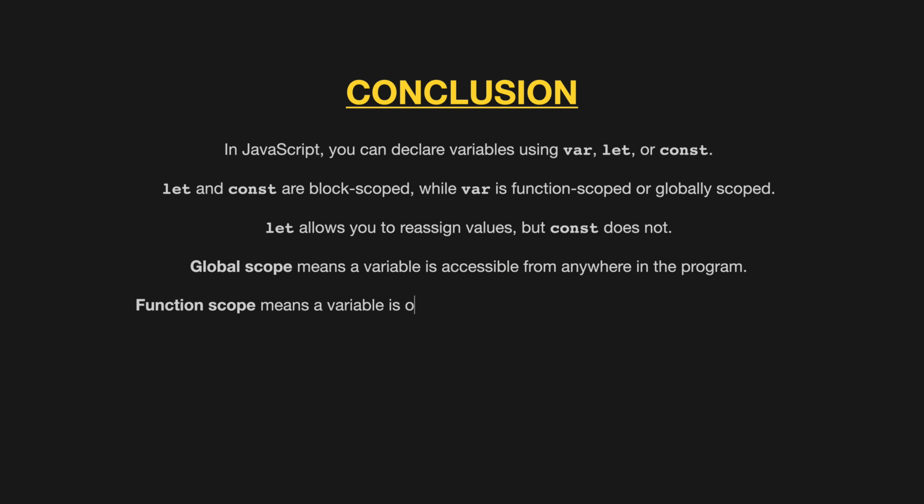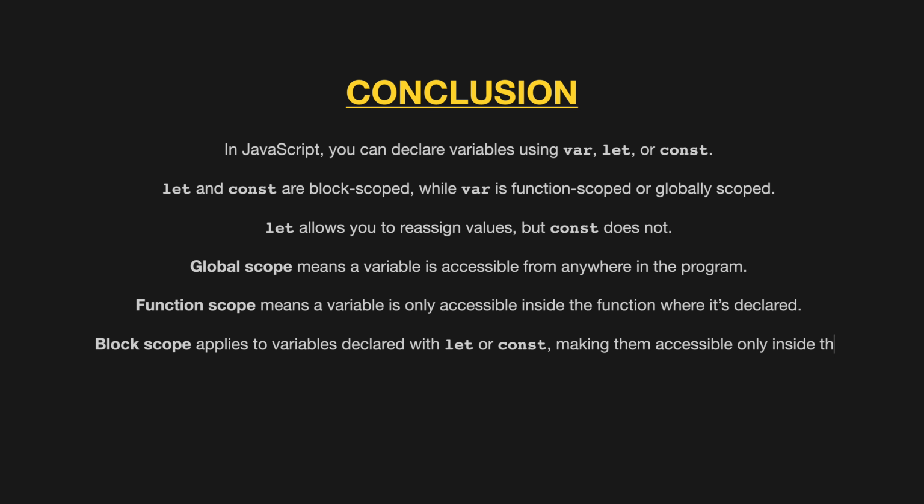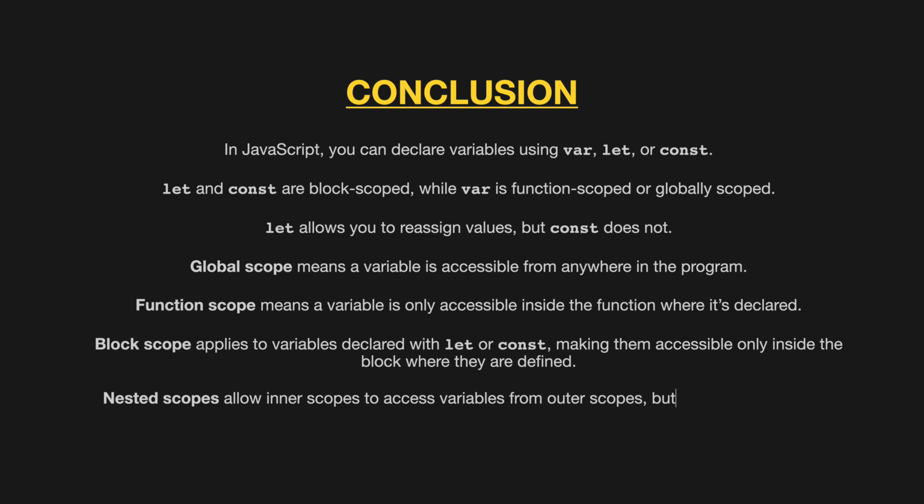Function scope means a variable is only accessible inside the function where it's declared. Block scope applies to variables declared with let or const, making them accessible only inside the block where they are defined. Nested scopes allow inner scopes to access variables from outer scopes, but not the other way around.